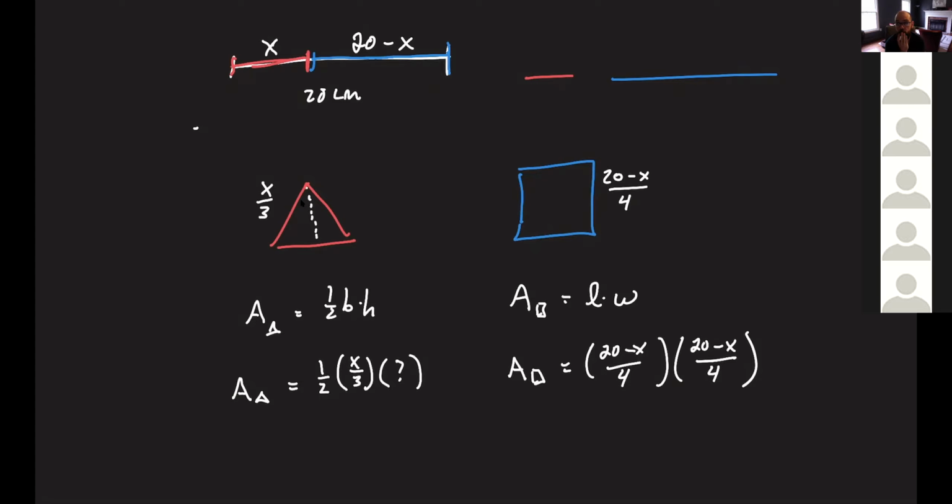You could use the Pythagorean theorem. Could you use the Pythagorean theorem? I suppose you could. So Caleb, how would you do such a thing? So let's go to an aside here. We've got our triangle. We've got a side length of x over 3, and then I want to know what is the height.